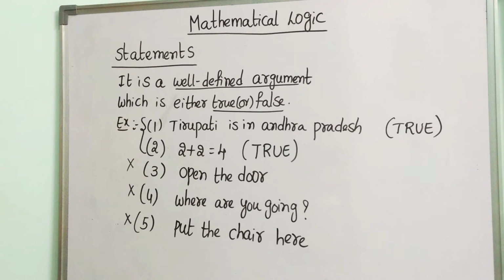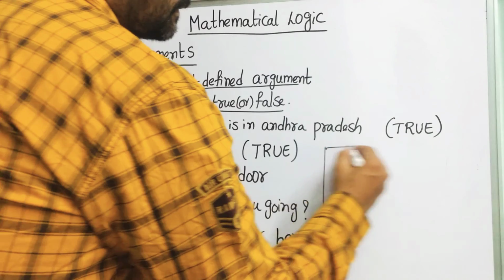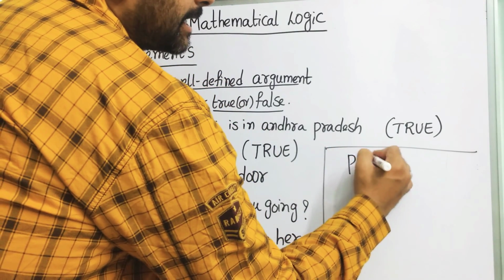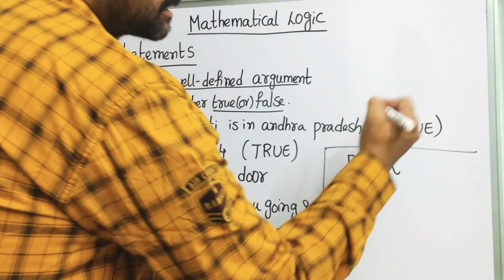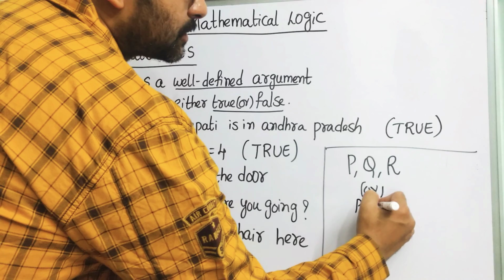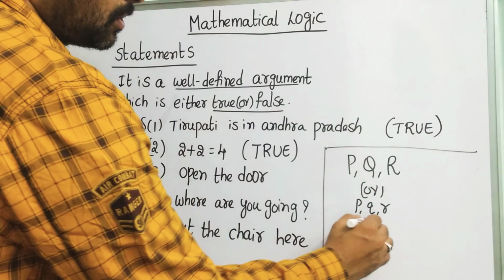Okay. And usually any statement is indicated by symbols. For example, if you observe some valid statement symbols like capital P, capital Q, capital R, or we can say small p, small q, small r. Okay.